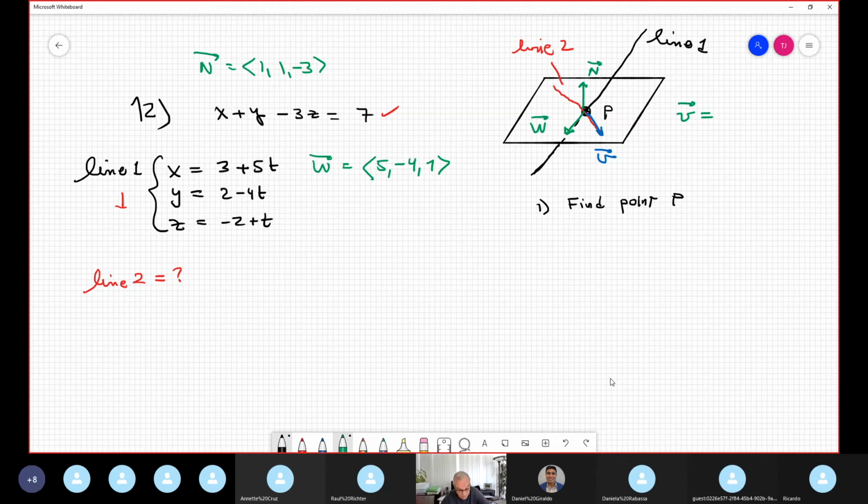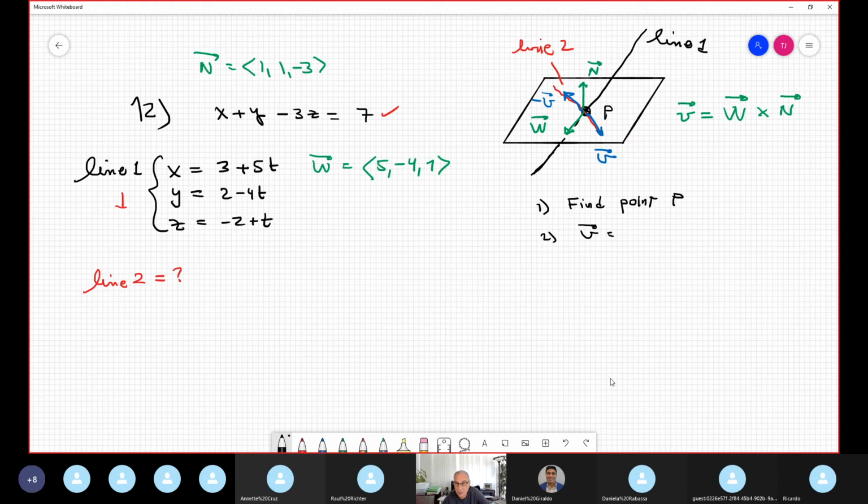So you perform W cross N. The order matters, but it doesn't affect my answer, because you find B or you find minus B.